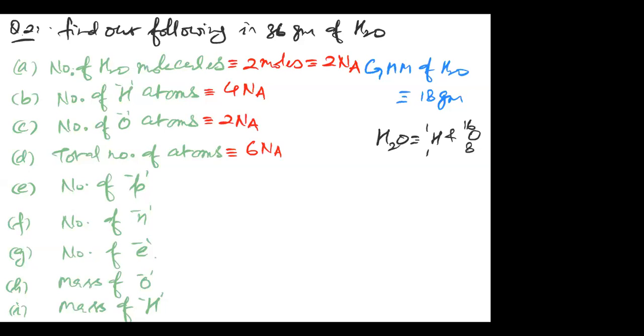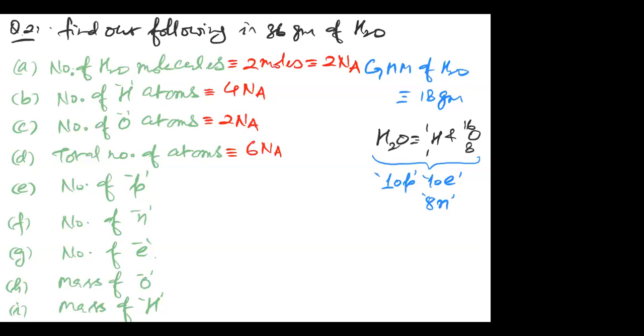As every water molecule consists of 10 protons, it should consist of 10 electrons, and it should consist of only 8 neutrons, as a hydrogen atom does not consist of any neutron. So it is 10 protons, 10 electrons, and 8 neutrons.